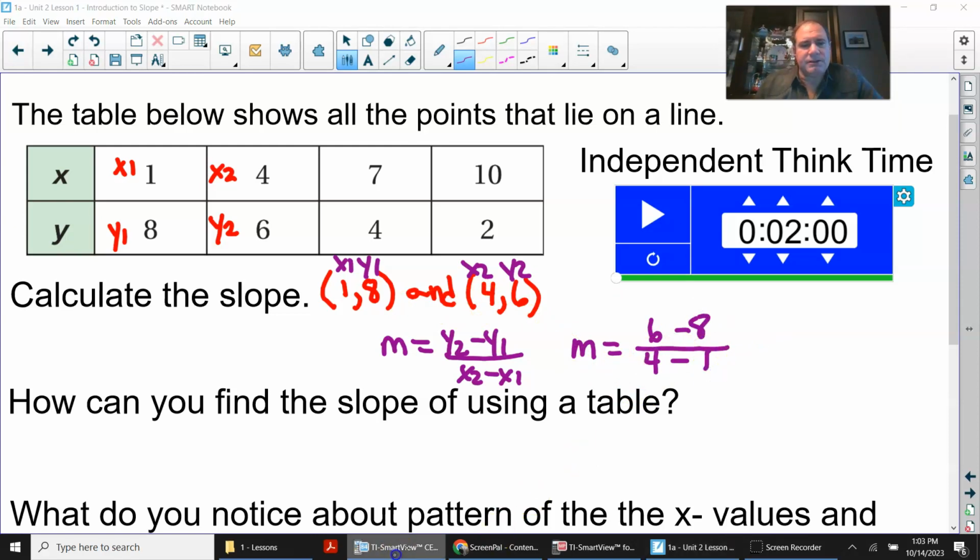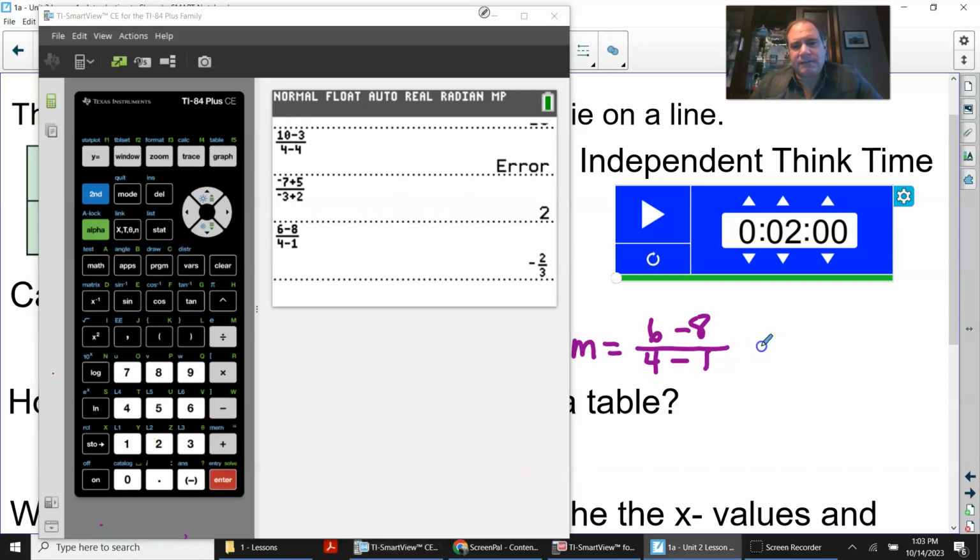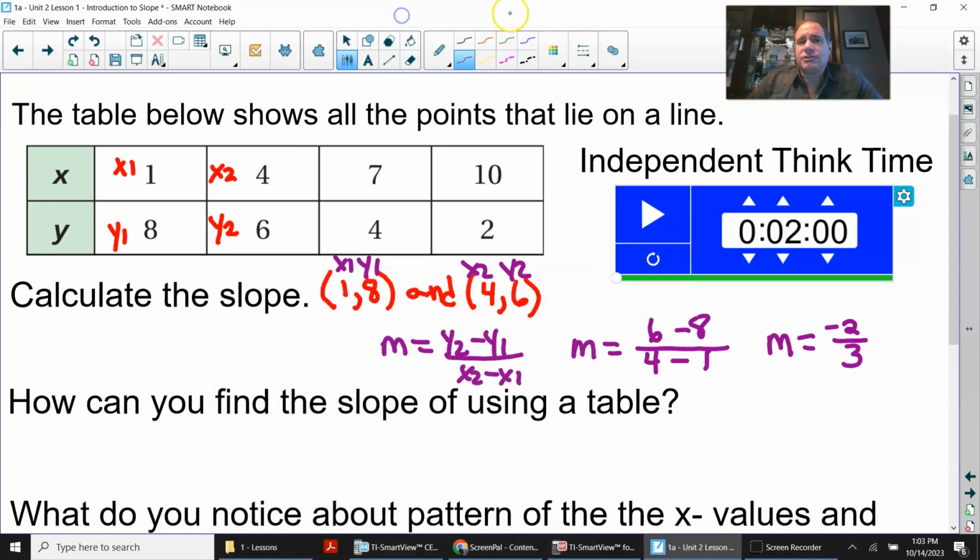If you put this entire thing into the calculator, you press alpha x, and you do 6 minus 8 over 4 minus 1, and you press enter, you get -2/3. M equals -2/3. And that's it. Just that table, you could just label it on the table itself, or you could take out 2 of the coordinates and label them that way.